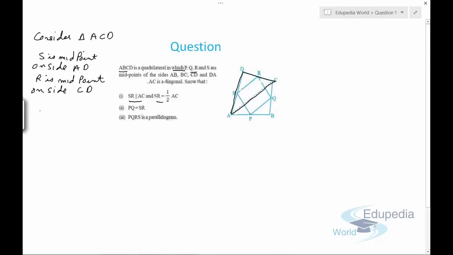So according to the midpoint theorem, the line joining the two midpoints of the sides of a triangle is parallel to the third side and it's half of the third side.